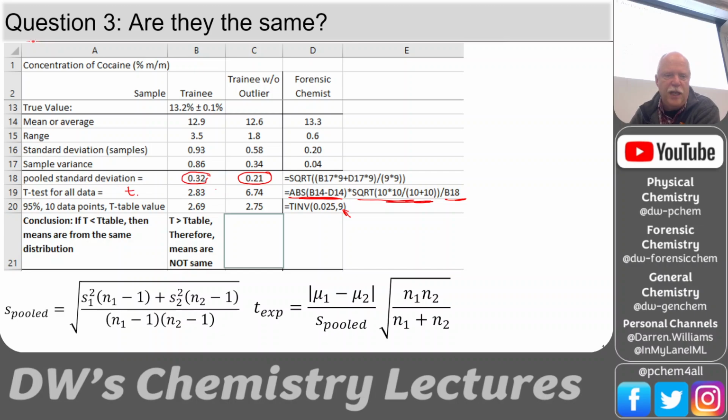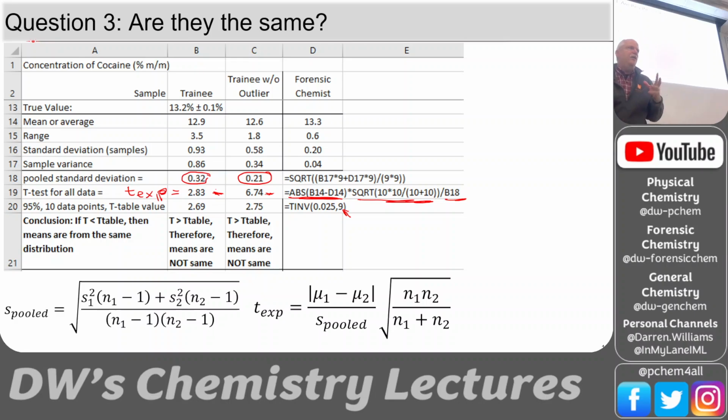So these are the t-exps. And then here's our t-table values, our t-criticals are right here. And you see in both cases our t-experimentals are larger than the t-criticals. And so our conclusion is the means are not the same. Even when we got rid of the outlier, it made the means worse actually.